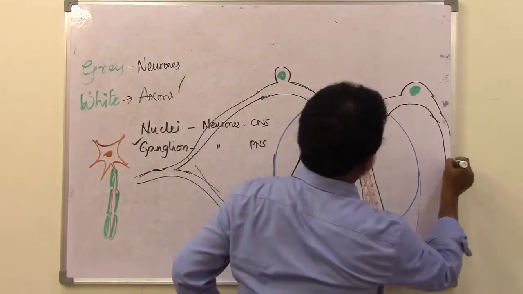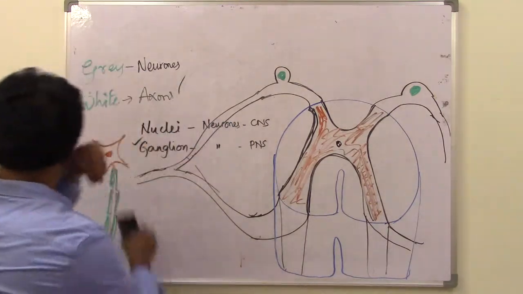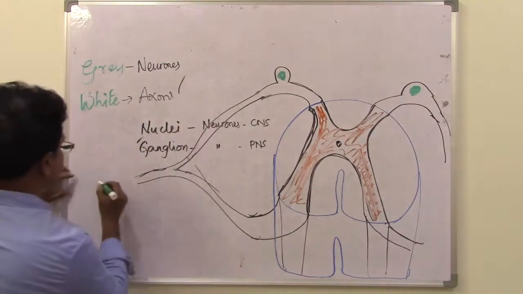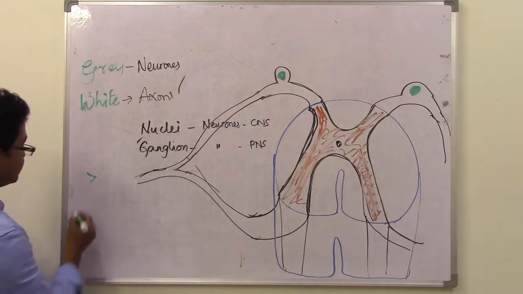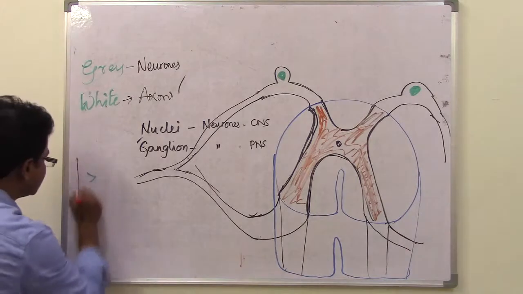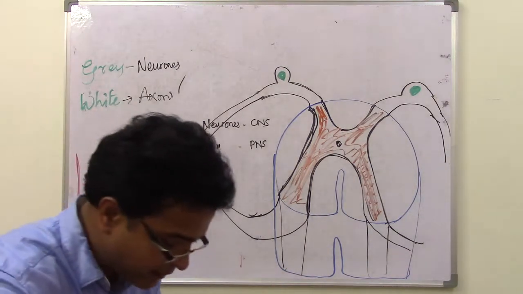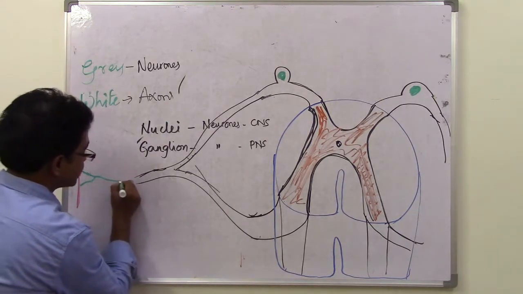Now let's say from here, information, let's say from the skin. This is the skin. From here, the neuron is carrying an impulse, particular information.